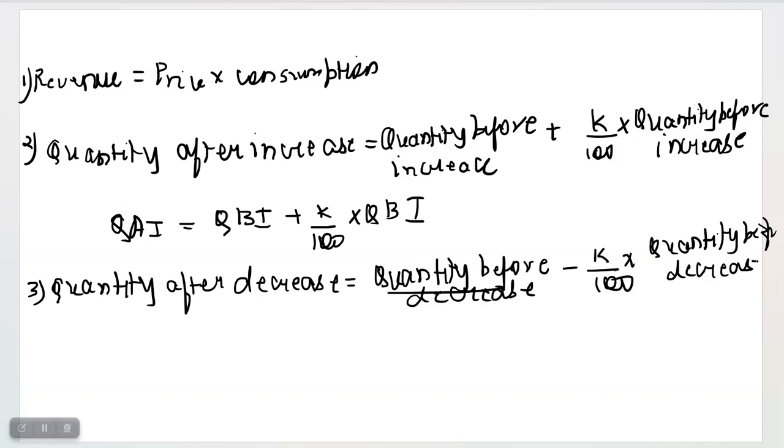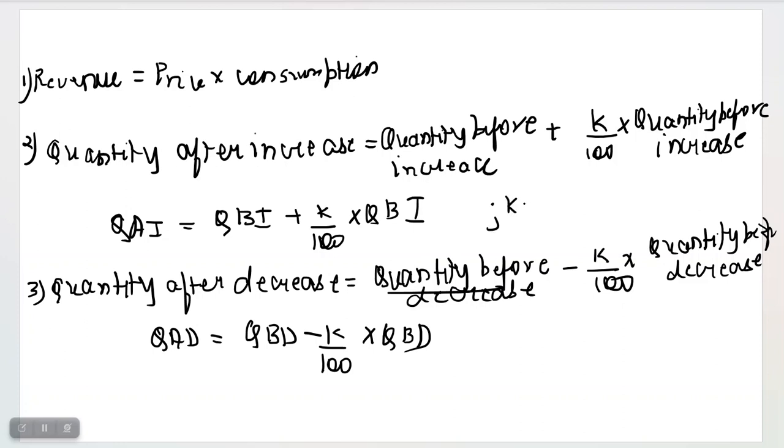So we can also write this as QAD is equal to QBD minus k by 100 QBD. In this case, k is the increase percentage, and over here k is the decrease percentage. This is the third thing.